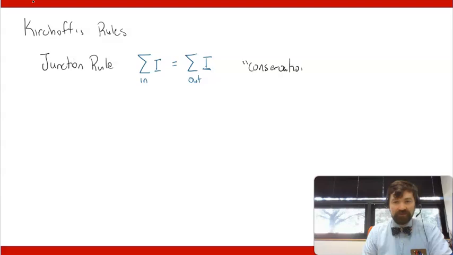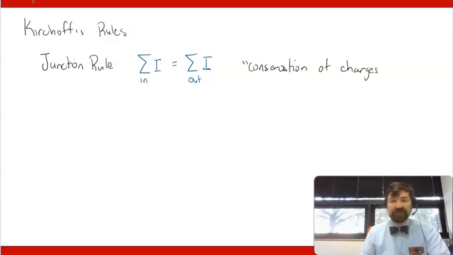And for those of you who studied fluids a bit in Physics 1, this rule is basically analogous to the continuity equation or continuity conditions in fluids.